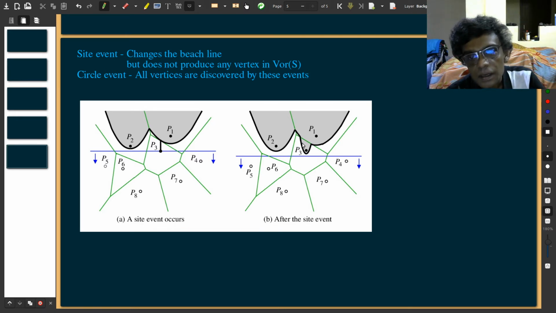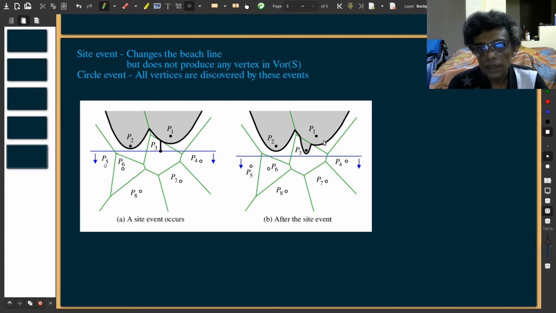Then when P4 comes, there will be a degenerate parabola, but as the sweep line moves further down, this will become non-degenerate. So P4 will also break the arc for P1 into two pieces, one before P4, one after P4. This is as simple as that.